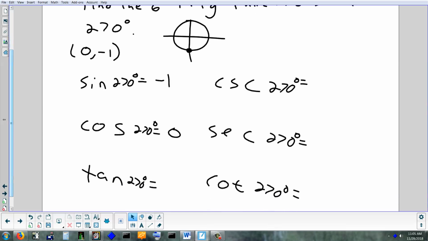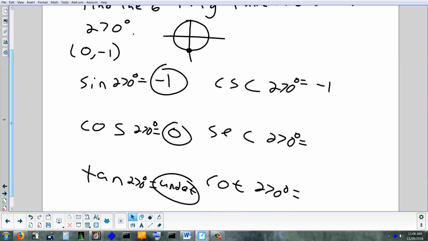How about tangent? What's the tangent of 270 going to be? Undefined. It's y over x. Anytime you divide by 0, it's undefined. And now we flip them all. So -1 stays the same when you flip it. How about when you flip 0?